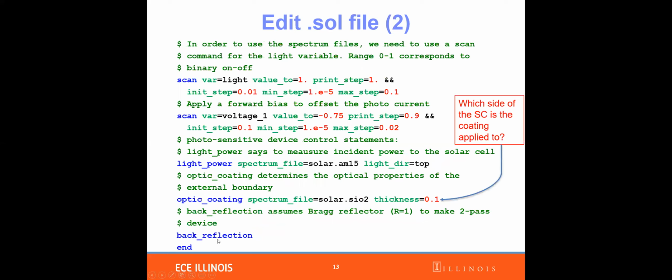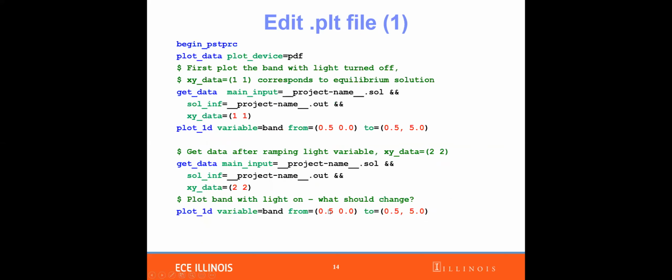So if you enable this, then your optical power and efficiency is going to go up. But it also depends on your assumption for the bottom contact. Here we assume that your bottom contact is like a Bragg reflector with 100% reflection efficiency. Okay.